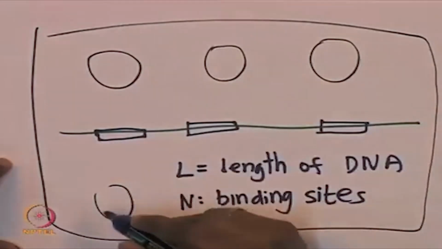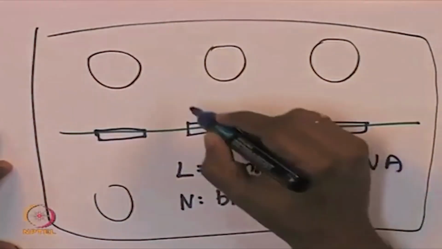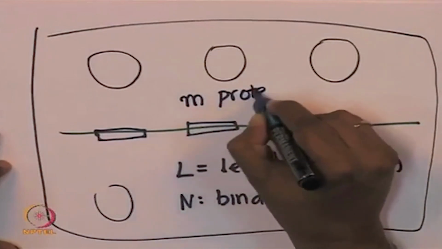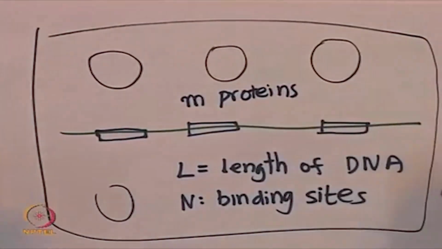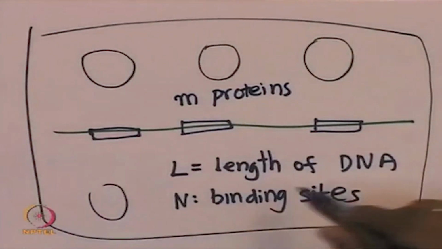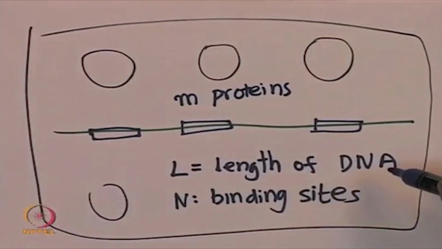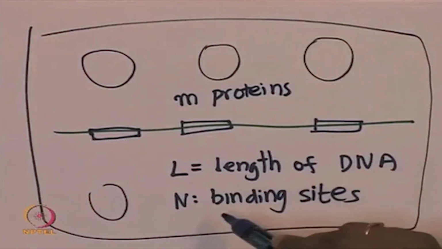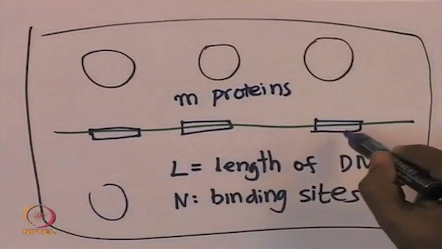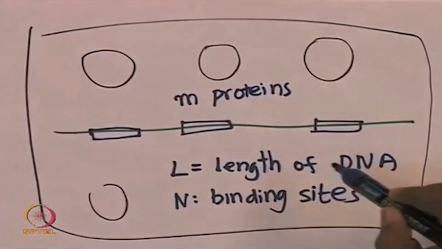Here I have 4; these circles I draw are proteins. So, let us say m proteins in the solution. This is what somebody doing an experiment would have: a DNA of length L, with n binding sites and m proteins in the solution.